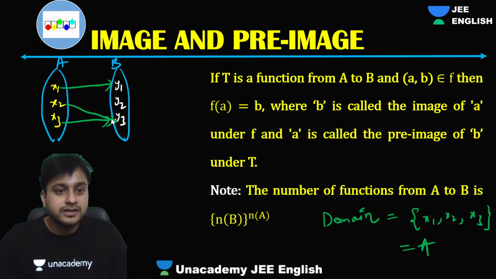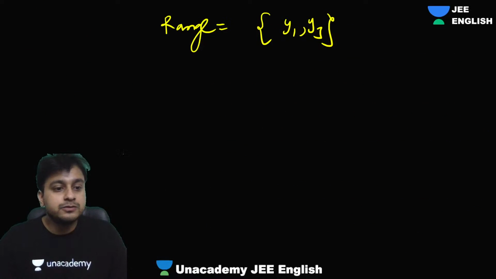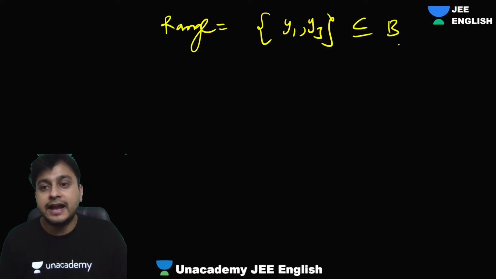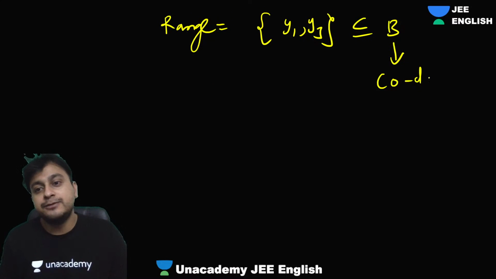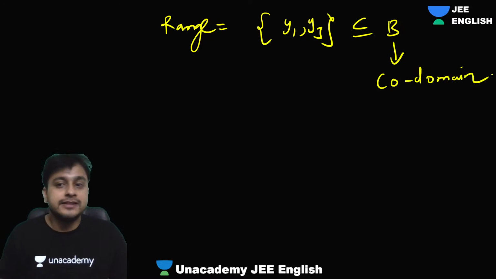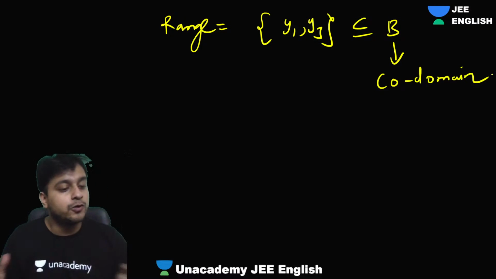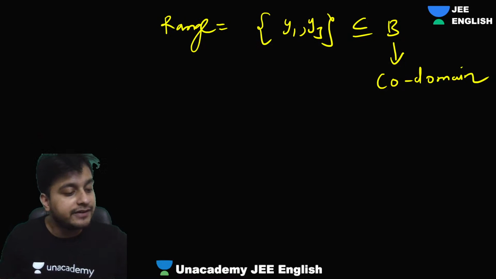The outputs of this function, which is a subset of B, and B is what? Same as we had in the relation, the codomain. The second set is always called the codomain, guys. I hope everyone has understood this fact. Got it?